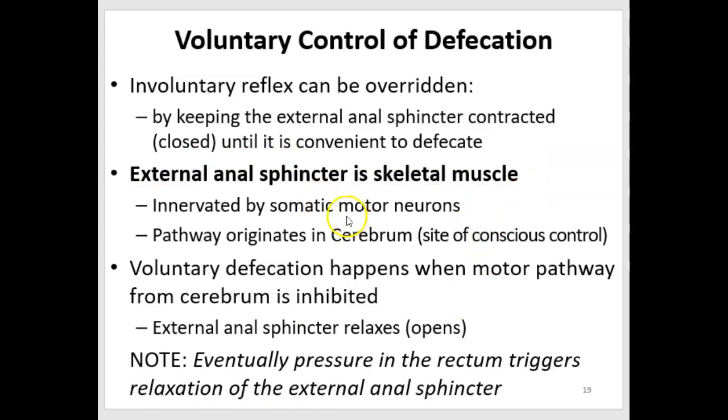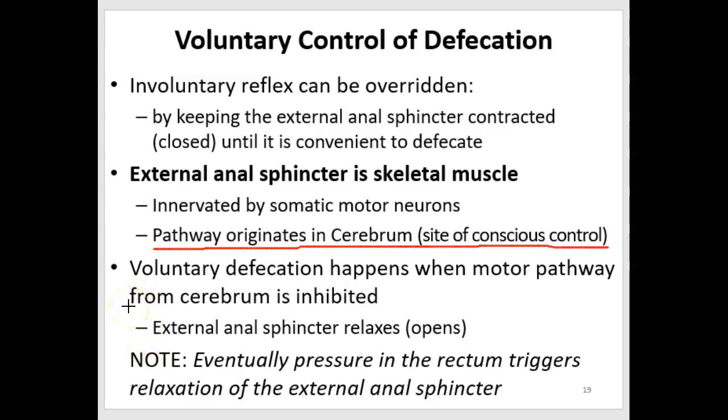And those somatic motor neurons are connected to a neural pathway that originates in the cerebrum, our site of conscious control. And so the cerebrum sends a signal that eventually gets to these somatic motor neurons, and they will inhibit contraction. The motor neurons will actually be inhibited.